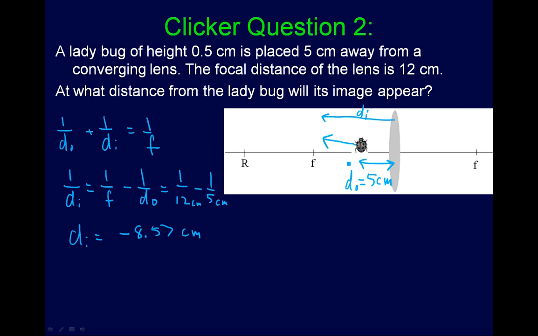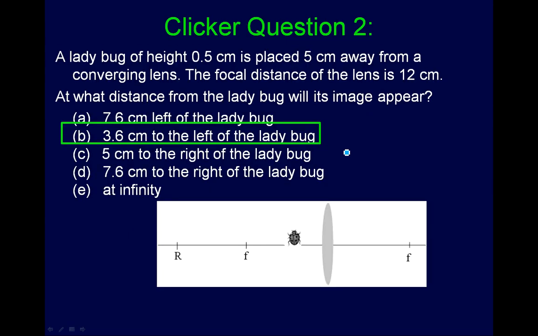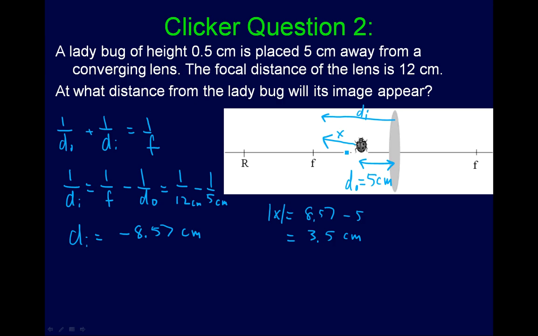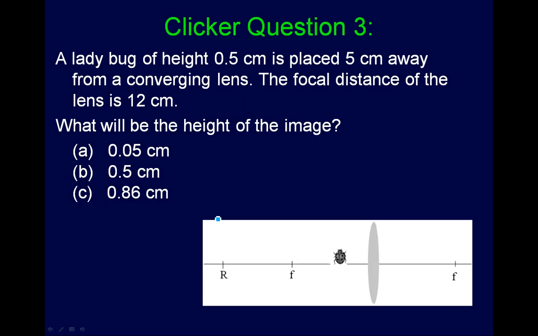If you call this distance x, x should just be the difference between 8.57 minus 5, sort of like an absolute value. When I do this, I get about 3.5 centimeters, and of course in this case it would be, just like we said, to the left of the ladybug. So the first part is calculating this, and the second part is interpreting it, which is oftentimes the harder part.